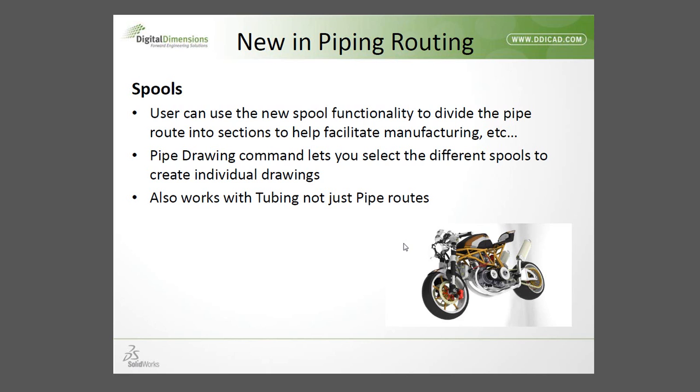And when you are showing the annotation, showing the drawings, you can break up the spools and show them on separate sheets on the drawings. So the pipe drawing command will let you pick those individual spools and show those on individual sheets to help show the design better for the end users. It is also available for flexible tubing.